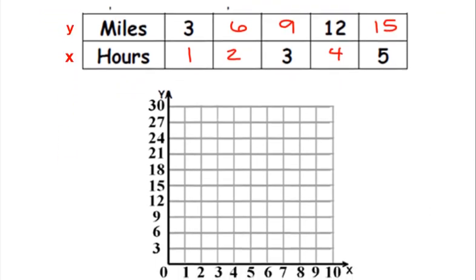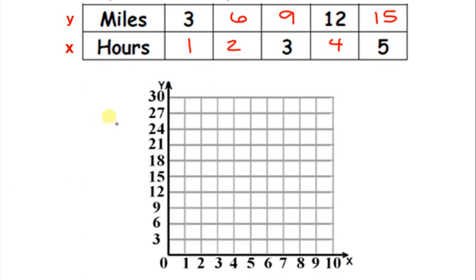Again, we're going to take this information and put it on our graph. The y-axis is miles, and the x-axis is hours. And I'm going to fit it in over here. So let's go ahead and graph the points. We have our x is 1 and our y is 3. So 1 up 3.